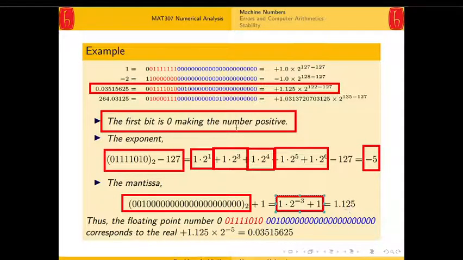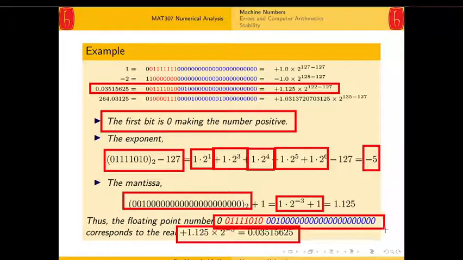Okay, so the real number, this number, positive 1.125 times 2 to the -5, is basically equal to this quantity, and this number is represented on a machine like that. Okay, so the last one will be for your practice. Please do it on your own.